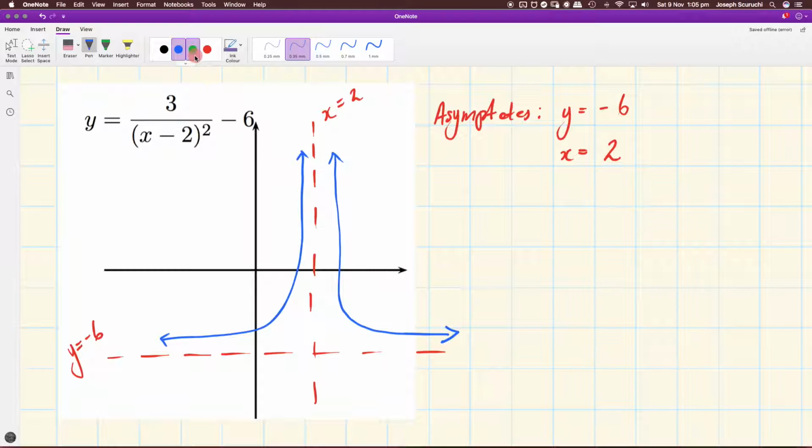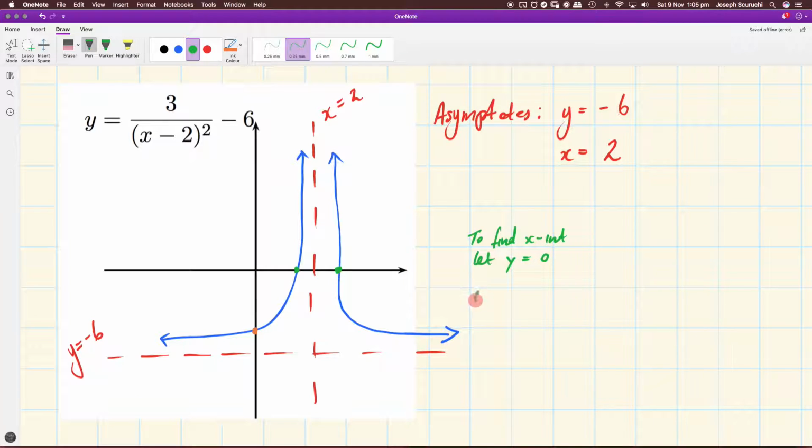Perfect. So as you can see here, I have two x-intercepts, and I also, let me do this in orange, have a y-intercept. Let's find my x-intercepts first. So to find the x-intercept, let y equal 0.